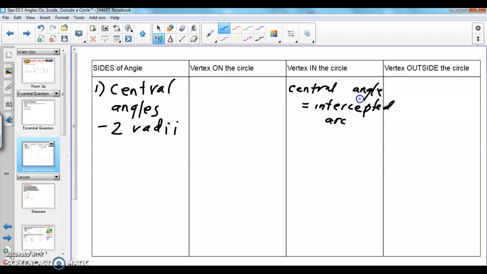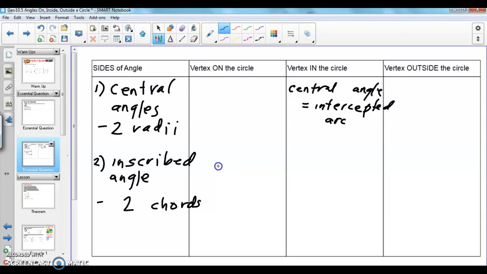Okay, another one that we talked about is the inscribed angle. So how is an inscribed angle different from a central angle? An inscribed angle is formed by two chords. Since it is formed by two chords, the vertex is not inside, but instead it is on the circle itself.